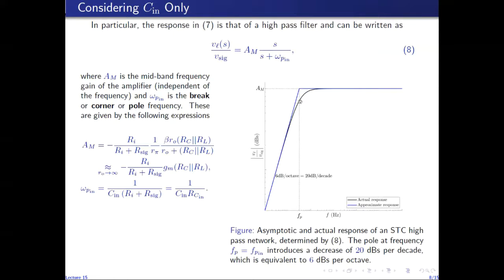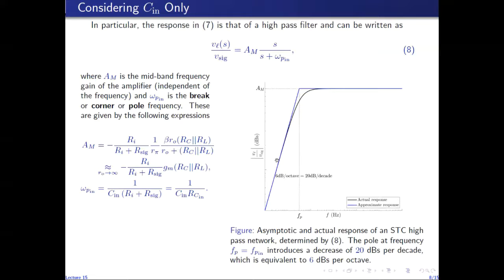That is, it is the frequency at which the mid-band gain AM drops by 3 dB below AM. So FP, the pole frequency given by 1 over 2 pi times this factor, is actually equal to the cutoff frequency of the circuit.